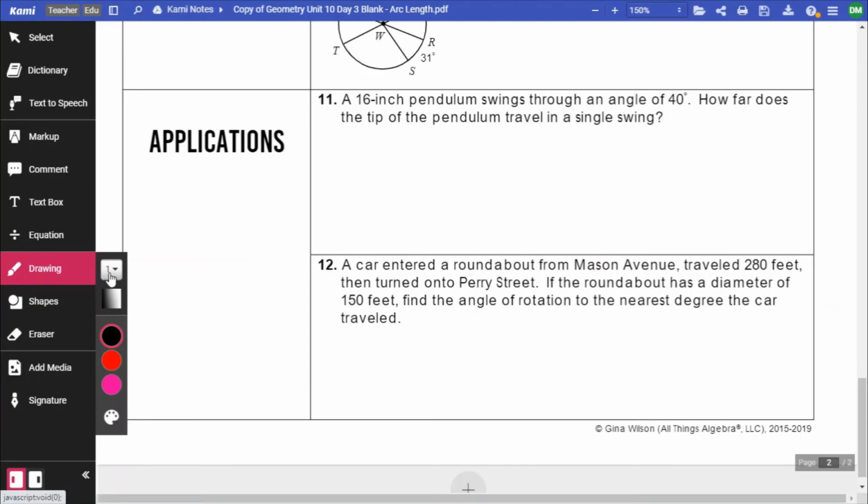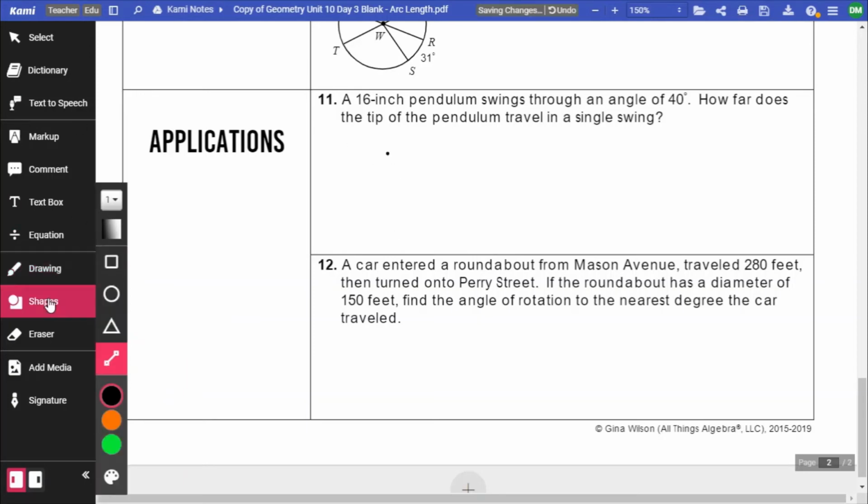Let's start with just a central point, maybe right here. And then we've got this pendulum that is 16 inches. We'll call that 16 inches right there. And it's swinging from this far point over here and then through about 40 degrees. So that would be maybe something like this over here.